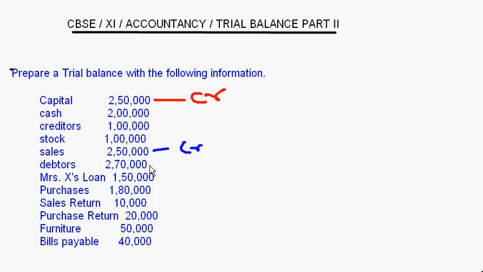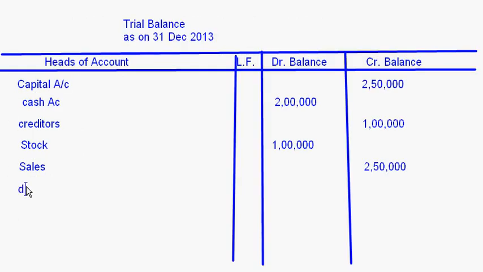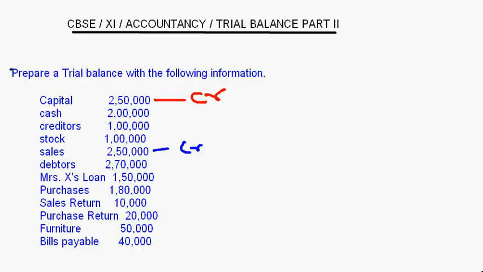Debtors are the persons who will pay us money, so that is basically an asset for us, right? So assets have a debit balance, so 2,70,000, fine. So debtors, in the debit balances side we'll write the amount 2,70,000, right?